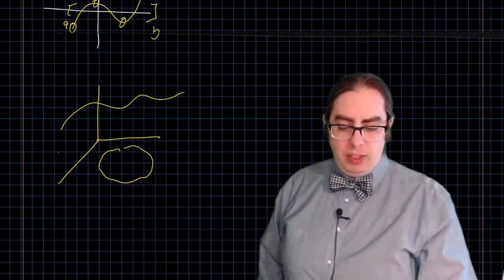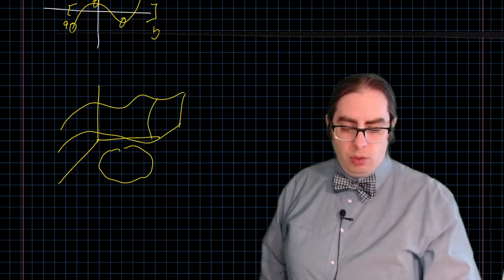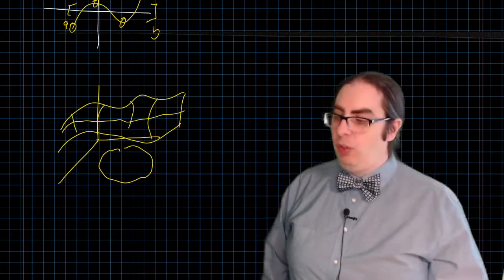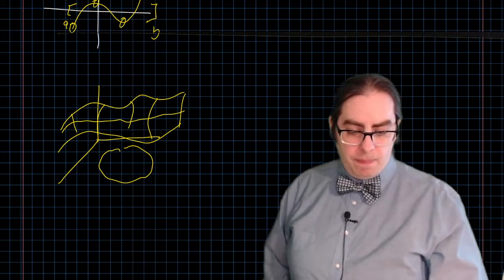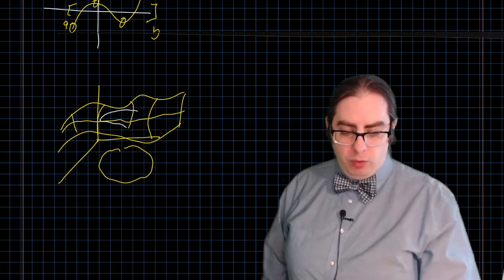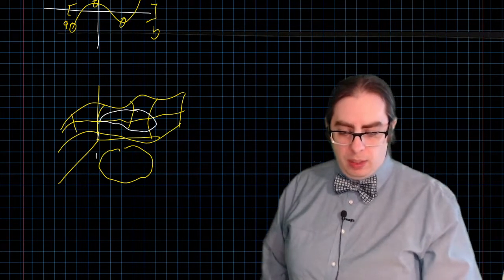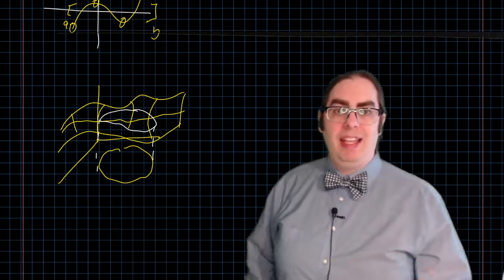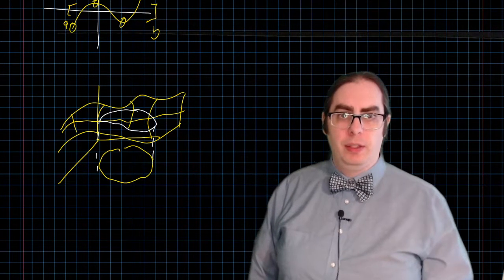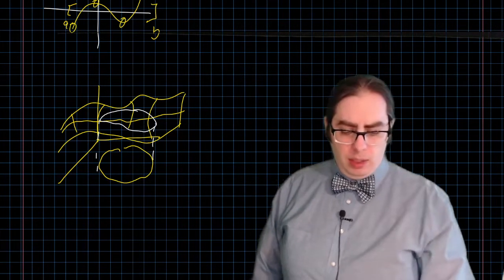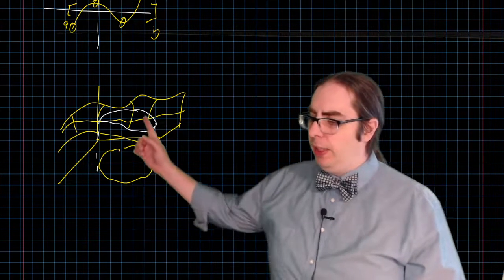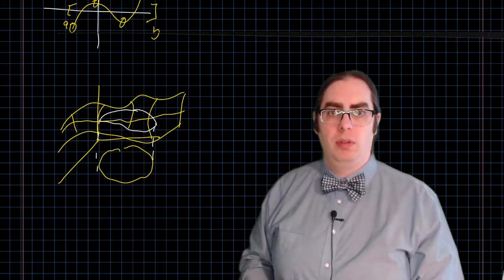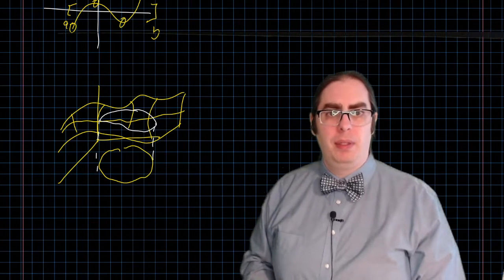And if you're trying to figure out what the function is doing above that area, well, sure, you can look for relative extrema in that area, but you also have to test what's happening on the boundary. And if you look at this boundary, there are infinitely many points. That's a problem.